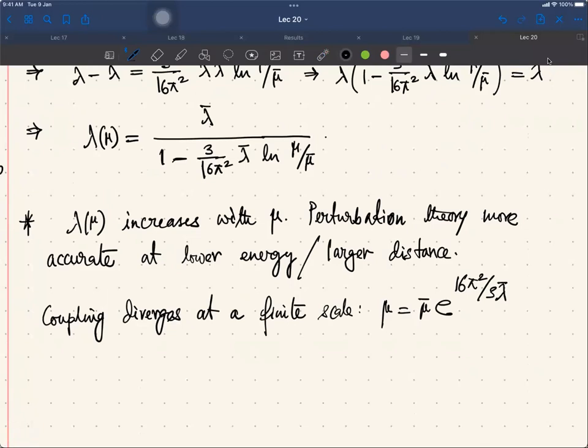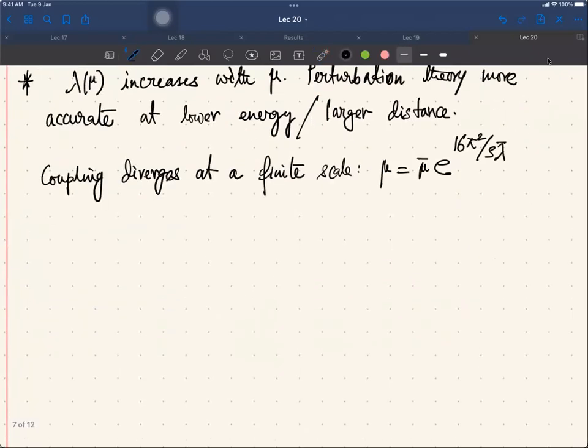So that mu by mu bar is e to the power 16 pi square by 3 lambda bar. The logarithm of that is 16 pi square by 3 lambda bar, and 16 pi square by 3 lambda bar multiplying this gives you 1, and therefore the denominator is 0. So that happens at a finite scale, and it is usually called the Landau point.